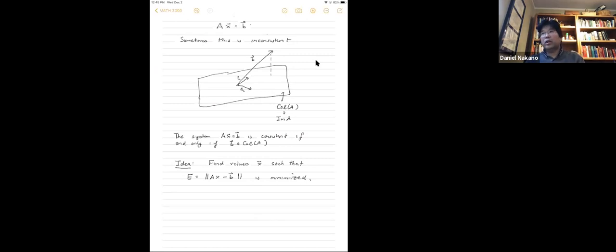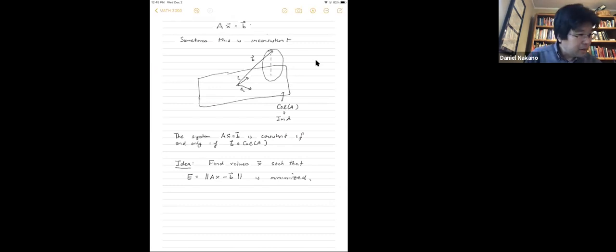Okay, so you want the distance between the column space and B to be as small as possible. That occurs when you project down orthogonally.